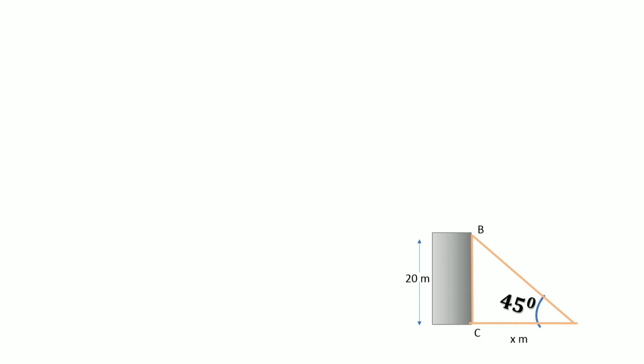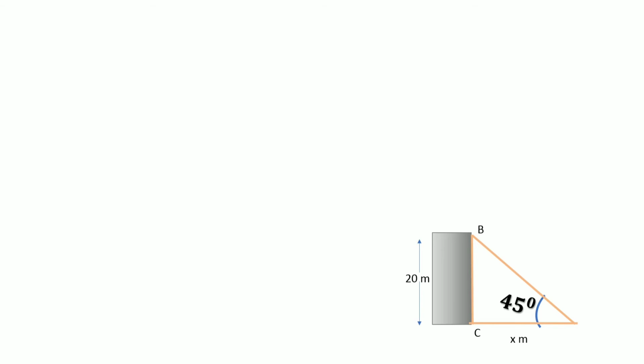What has been given here? The angle of elevation 45, the height of the building, and the distance to the building. This side is opposite to the angle, and this is adjacent to the angle given.